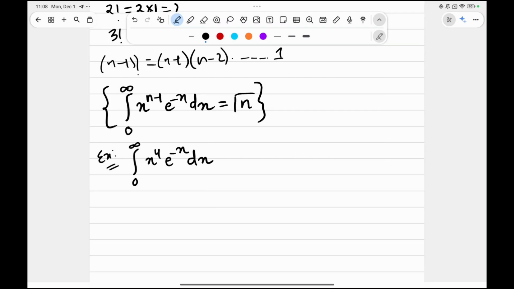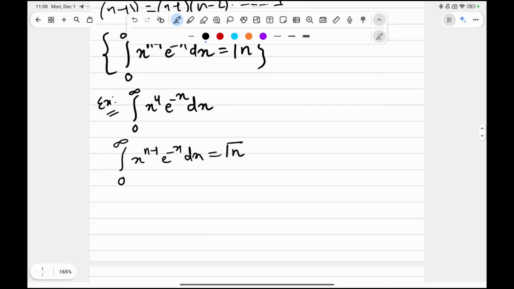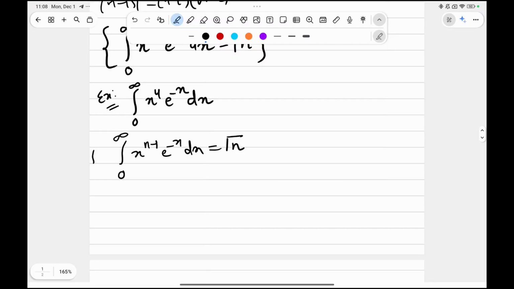We studied that the gamma function is the integral from 0 to infinity of x to the power n minus 1 e to the power minus x dx, which equals gamma of n. We can write this as f of n; it's a function of n and does not depend on x. x is just a parameter, so we can change it to t or y.